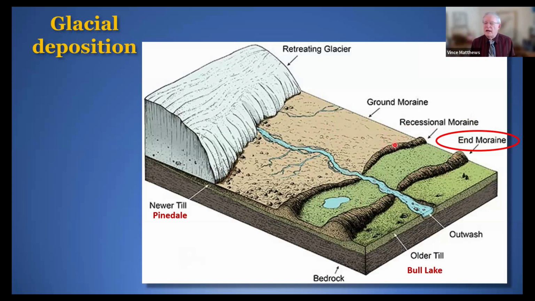But if I take you and put you on a recessional moraine, then blindfold you and put you on an end moraine, you can't tell the difference. Okay, so recessional moraine, we said, was as the truck paused and dumped a little material, and then it got moving again and spread a fairly uniform layer. And this is not just from spreading as the glacier retreats.